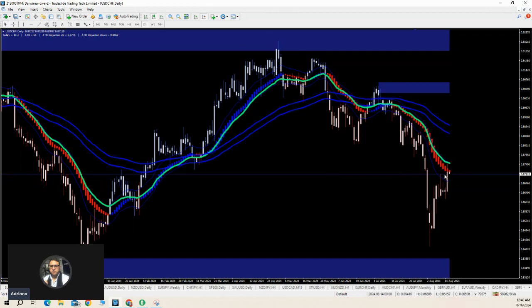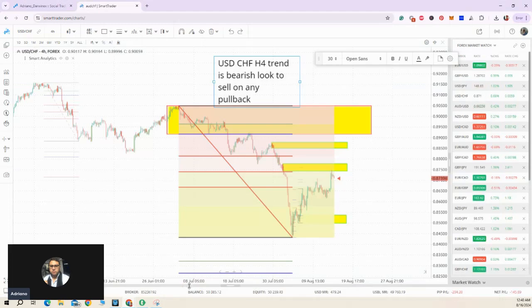I'm a little bit skeptical about taking a sell trade. I'm gonna hold on this trade for now. I'm gonna pass on this trade. If the market decides to come all the way back, I'm probably gonna check this trade over here. But for now, I just pass.